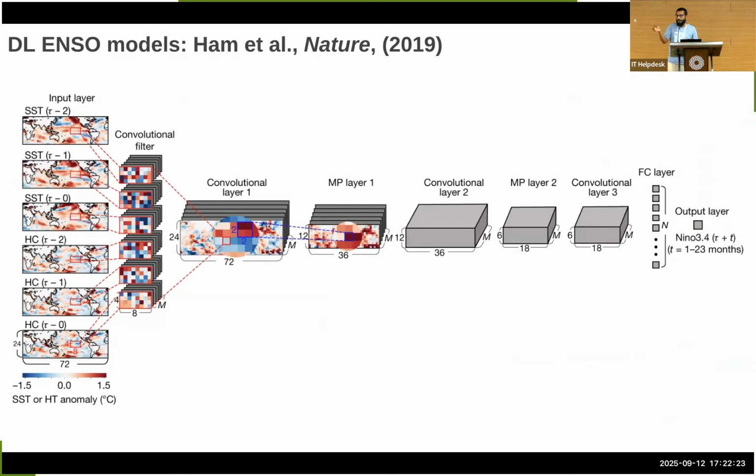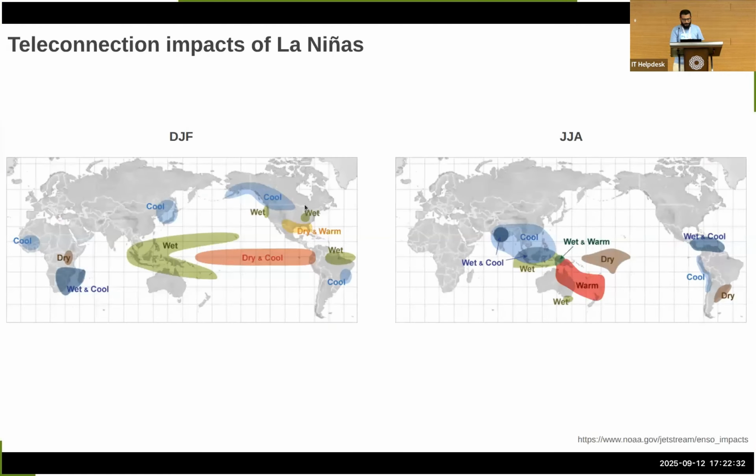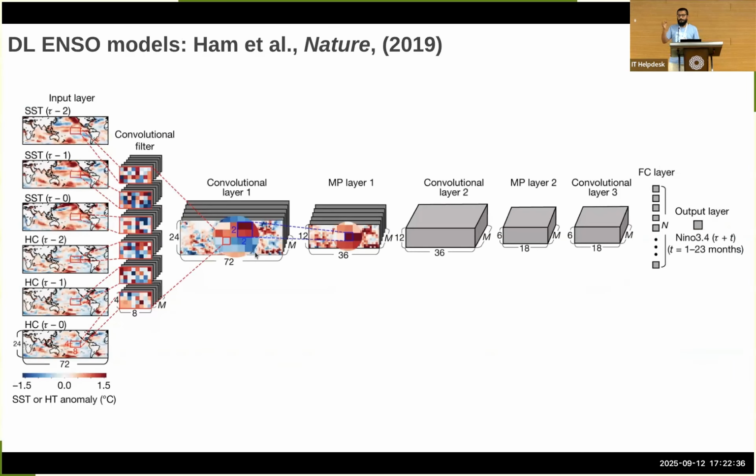The Nino index is essentially one scalar number per month, which is an average of the temperatures somewhere in the Central Pacific. If that number is high, it means it's an El Nino kind of situation.